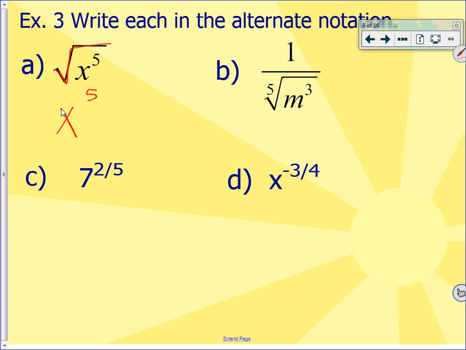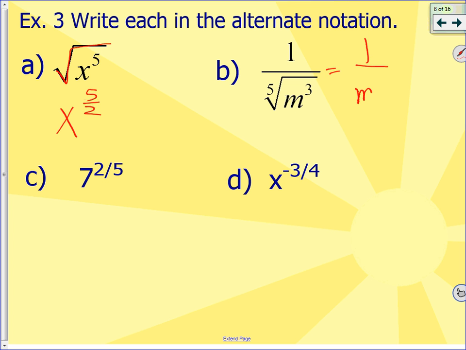Because of the 5, it's going to be 5/2. Because the power goes on top, the root goes on bottom. This one's interesting. This is 1 over m to what power? Amelia? 3/5. Good. The 3 goes on top, the 5 goes on bottom.